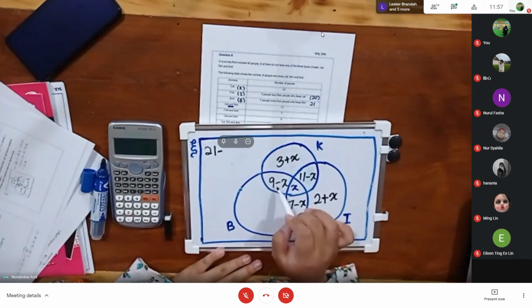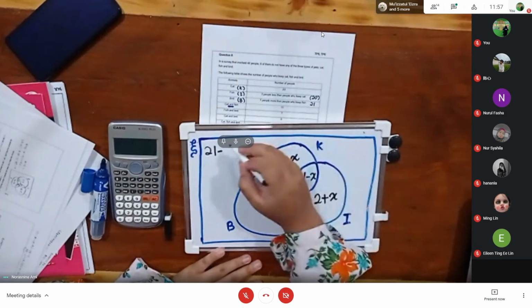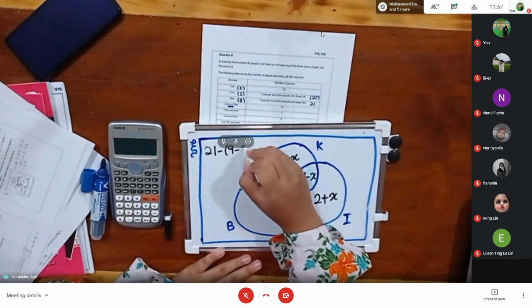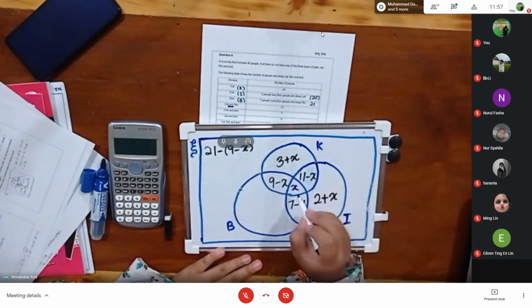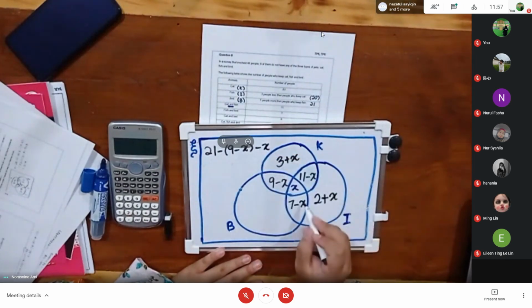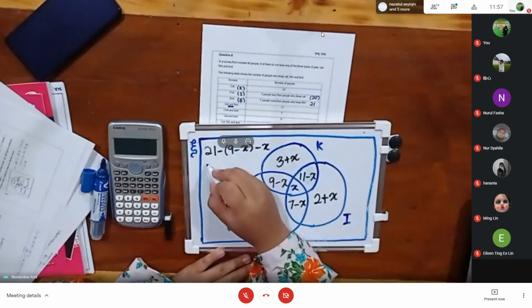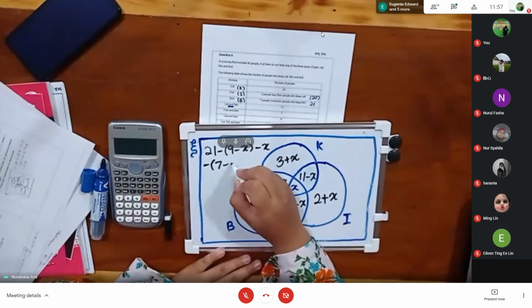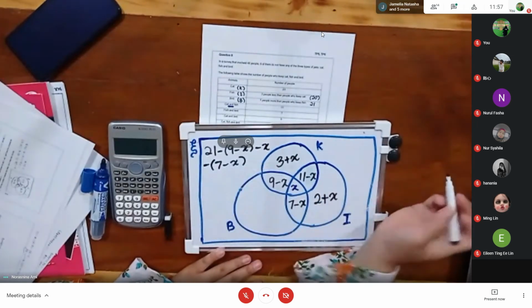First we minus with this 9 minus x. Do not forget the bracket, 9 minus x. Then we minus again with x, minus with this part also. Okay, don't forget the bracket, 7 minus x.